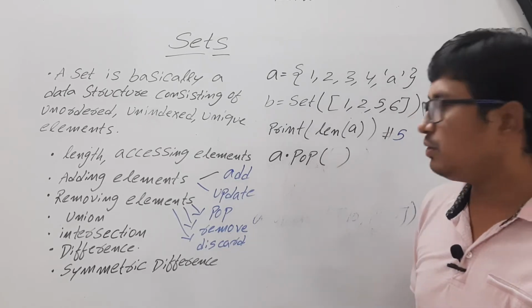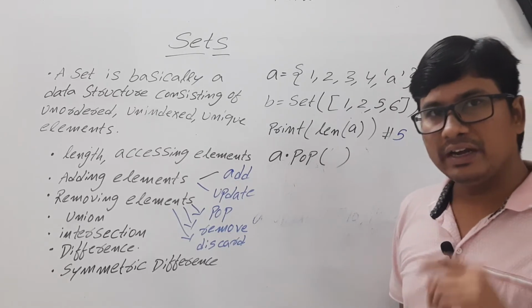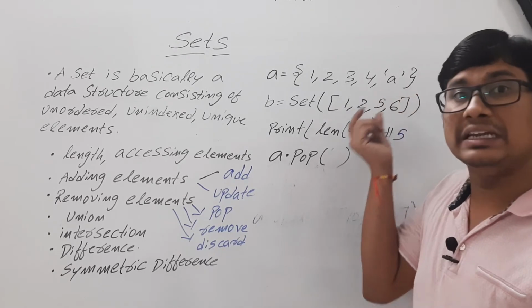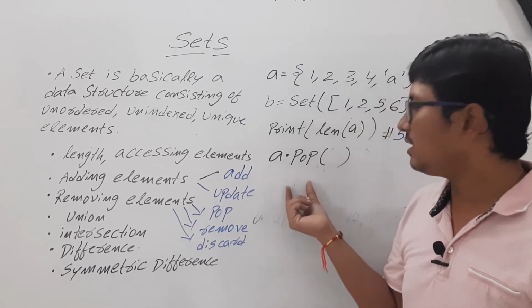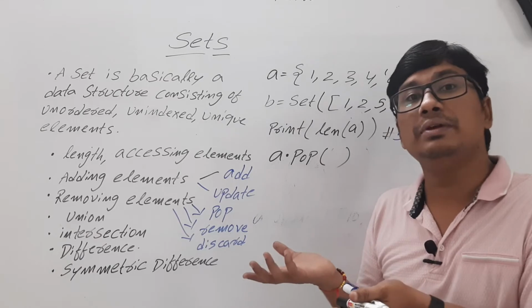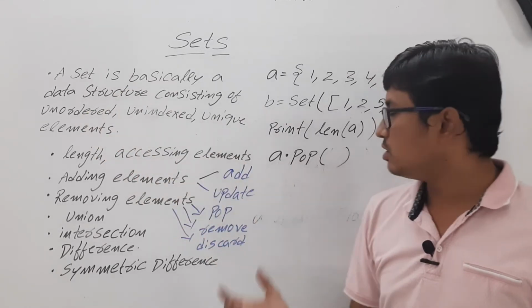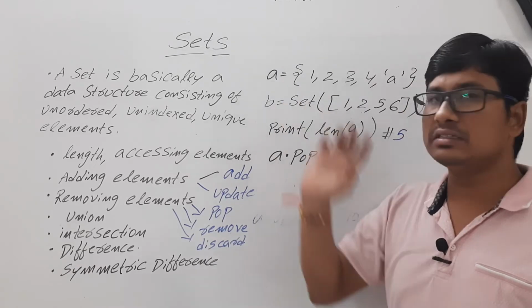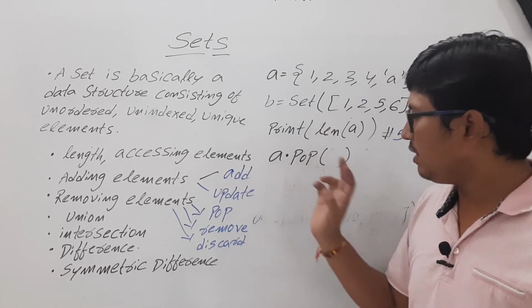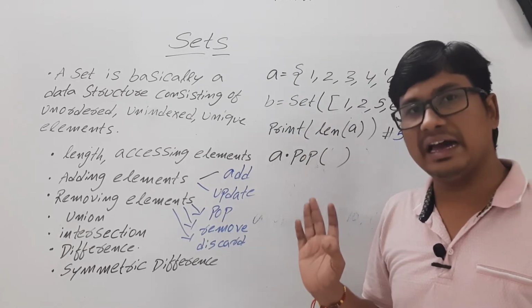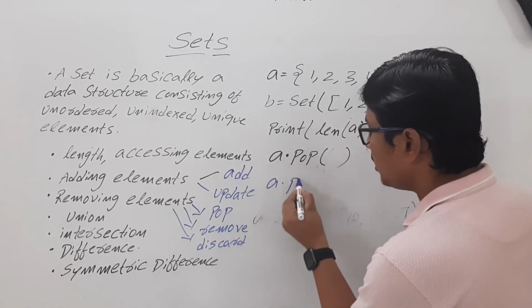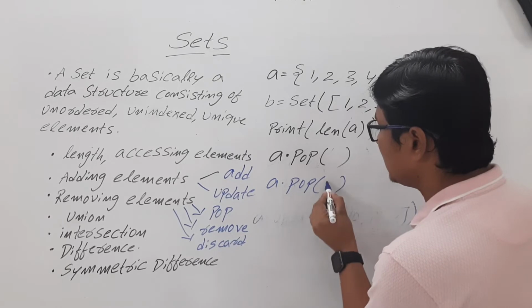If I do this, when it comes to the array and list, the last element used to be deleted. Am I right? But we don't know what the last element is here because they are not ordered. So some random element will be deleted from the set. When we discussed arrays and lists, we used pop by giving a parameter called index.